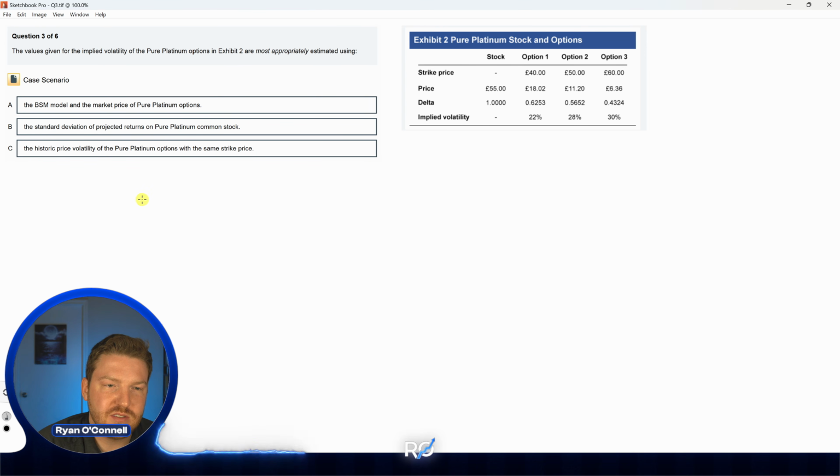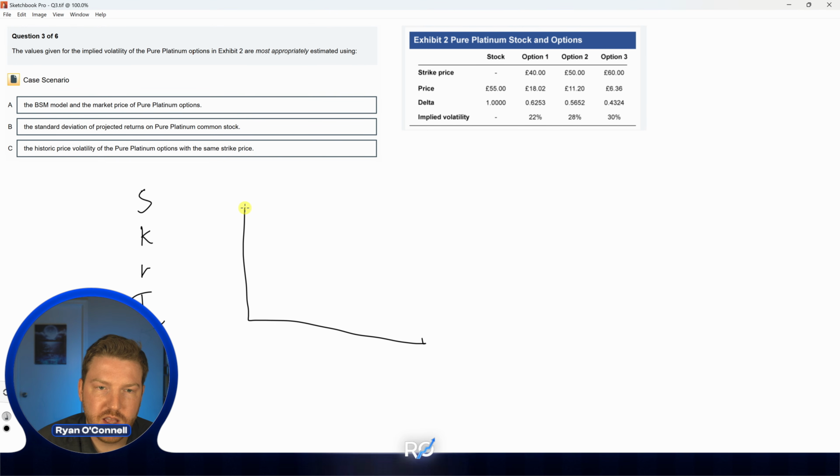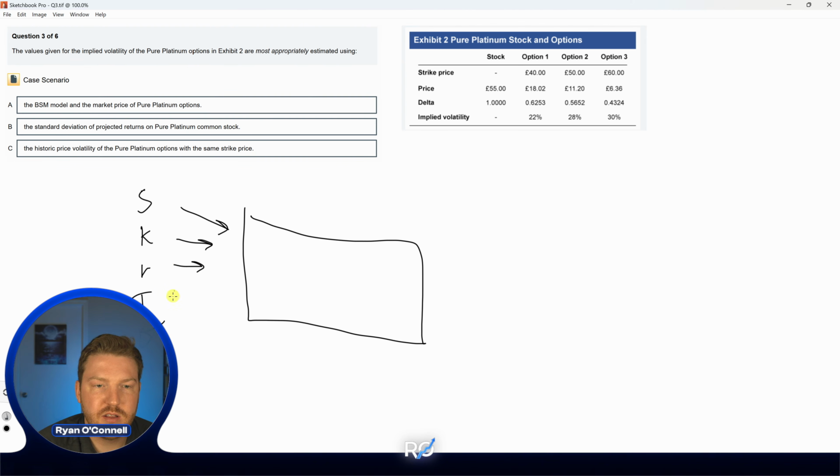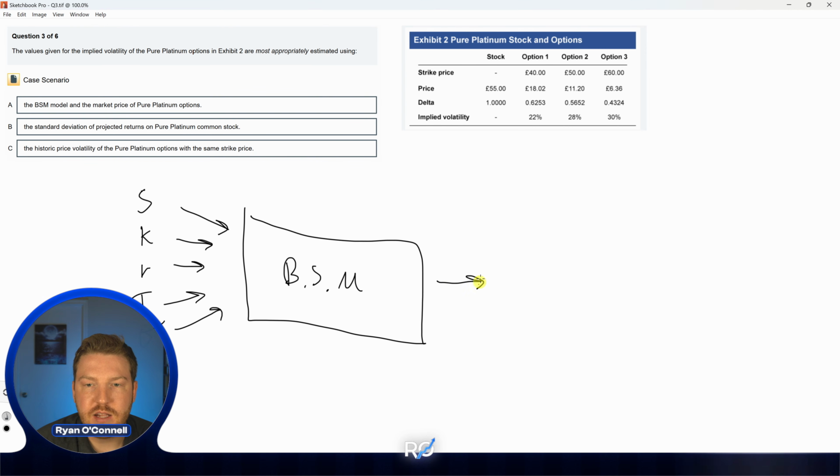So you have these inputs, which are the price of the underlying, the strike price, the risk-free rate, the time to maturity, and then volatility. And then we pass all 5 into the Black-Scholes model, and that's going to give us an output, which is just going to be the price of the option.